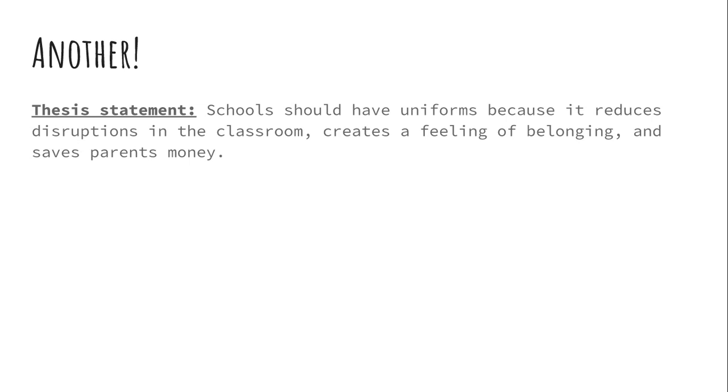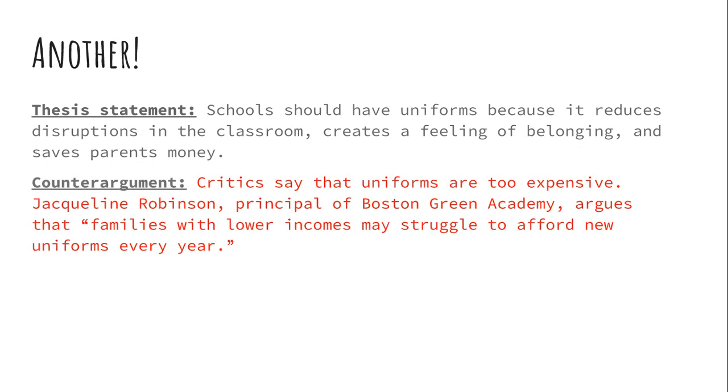All right, in this thesis statement, it says, schools should have uniforms because it reduces disruptions in the classroom, creates a feeling of belonging, and saves parents money. Here's the counterargument. Critics say that uniforms are too expensive. Jacqueline Robinson, principal of Boston Green Academy, argues that families with lower incomes may struggle to afford new uniforms every year.